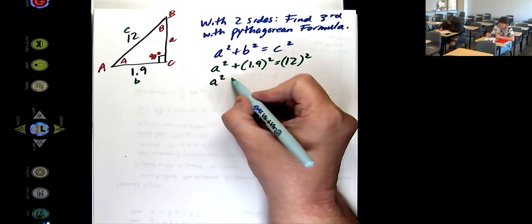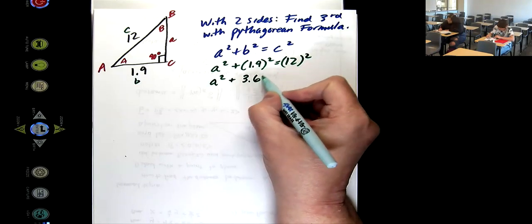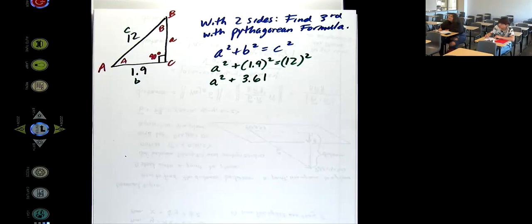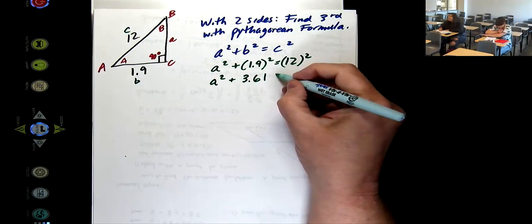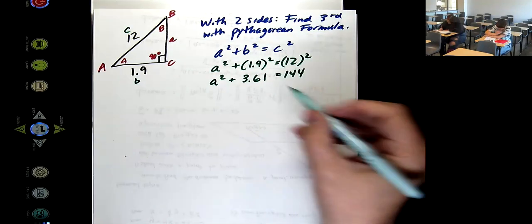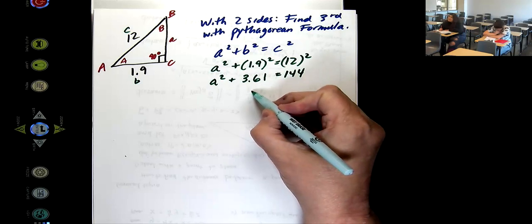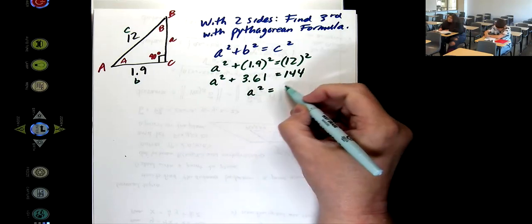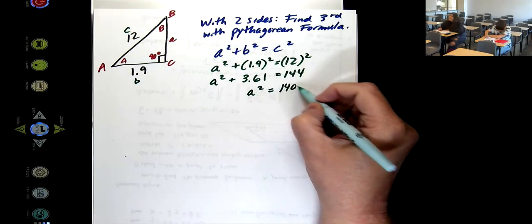So if I square 1.9, I get 3.61, which feels wrong. That's what it says. And 12 squared is 144. So if I subtract that over, I get a squared equals 140.39.